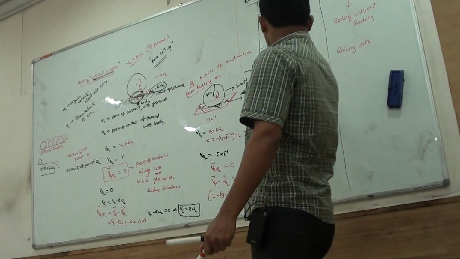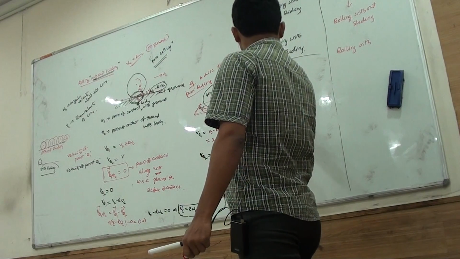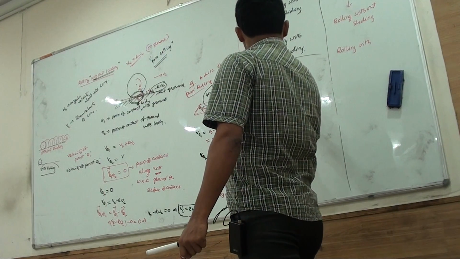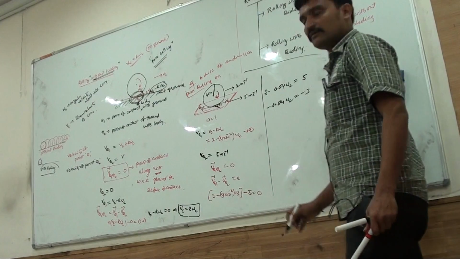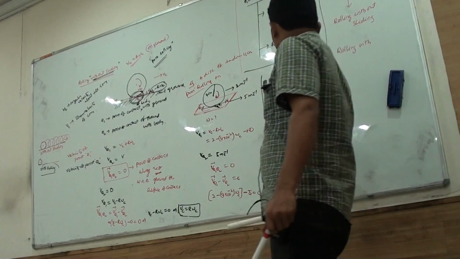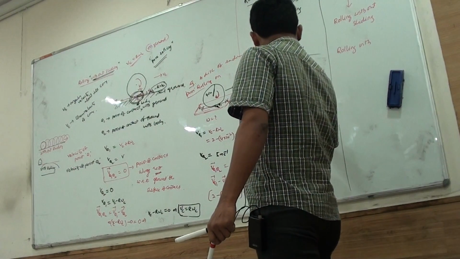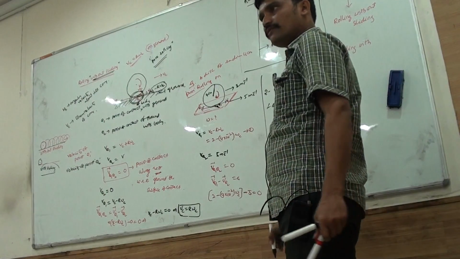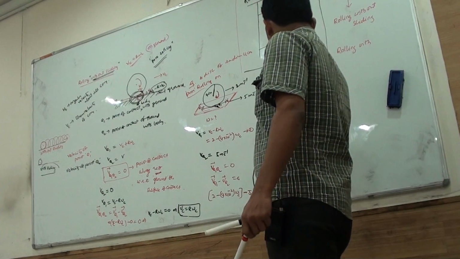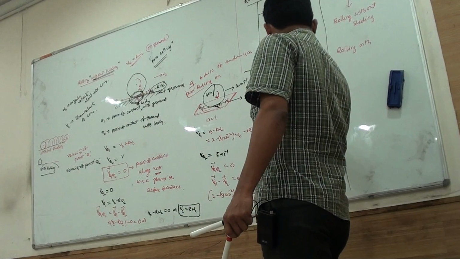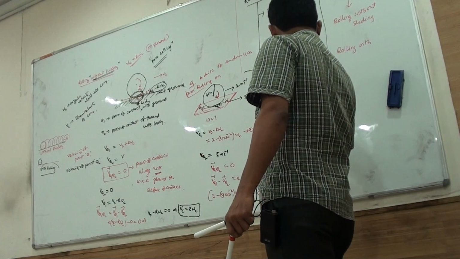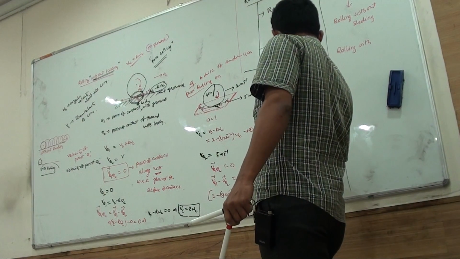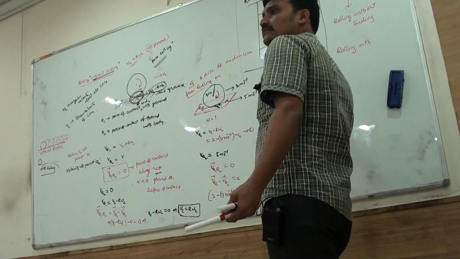So now minus 0.04 omega C equals minus 3. Minus minus cancels, so omega C equals 3 by 0.04. Approximately 3 into 100 by 4, which is 25, that equals 75 radians per second.